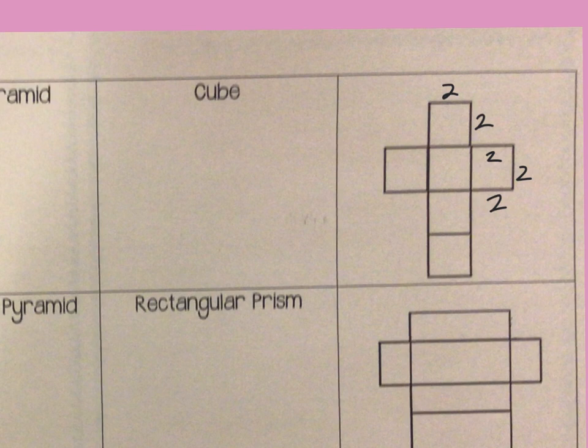That means the area of all the different shapes that are associated here. So, how many of these do I have? I have 1, 2, 3, 4, 5, 6. So whatever the cube is, I'm going to times by 6. And I can show that by doing this: 6 times whatever the area of the square is.